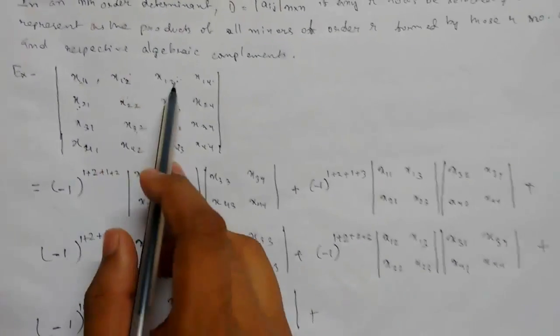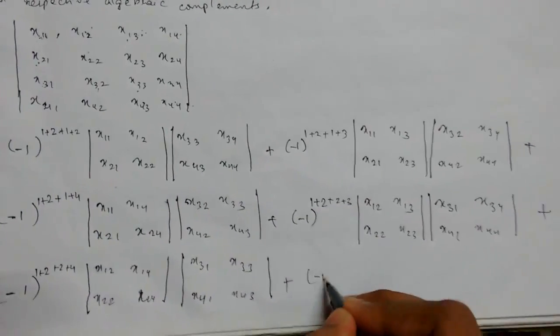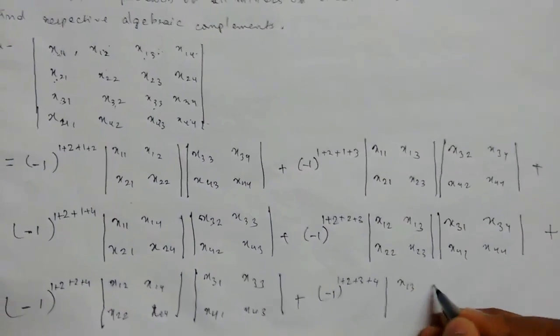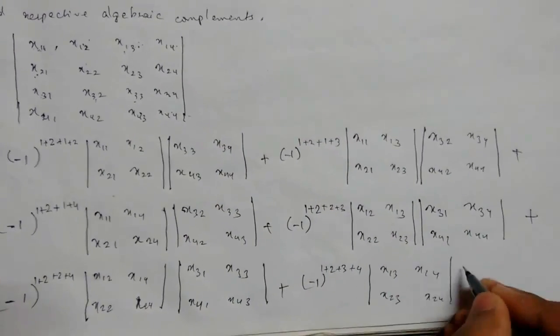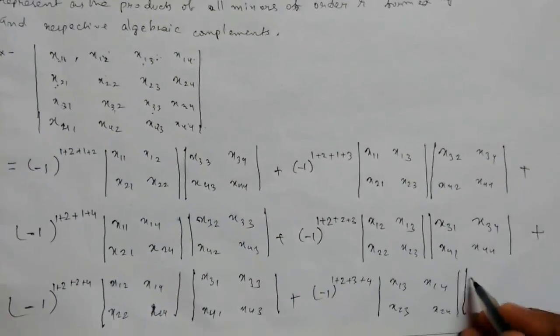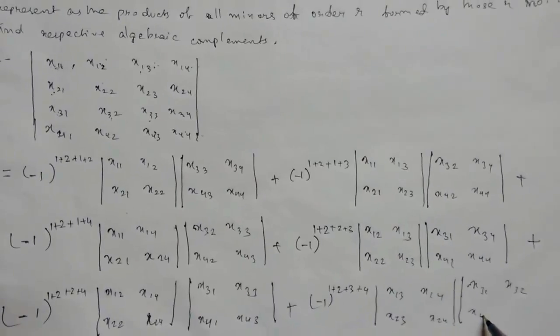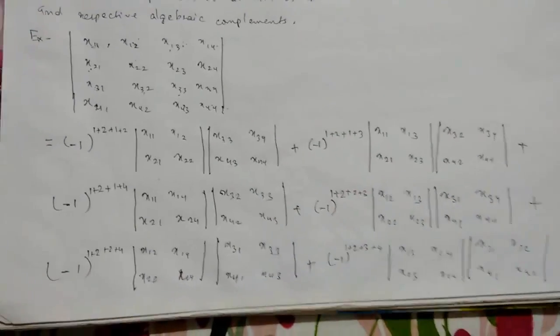Now our second column has also been finished. Now the last will be columns 3 and 4. So this will be minus 1 whole to the power 1 plus 2 plus 3 plus 4. Now this is simple: x13, x14, x23, x24. Eliminating these 2, these 4 will be left: x31, x32, x41, x42. So these were the 6 determinants that will be expanded by the Laplace method.